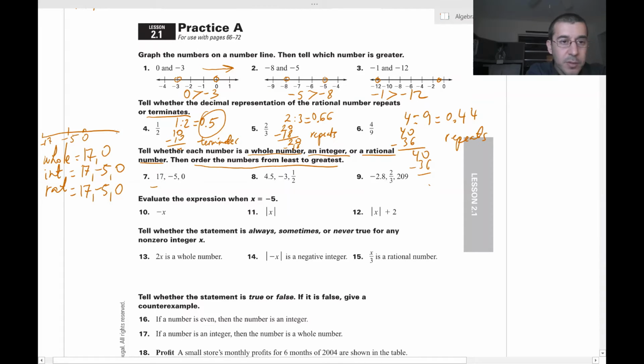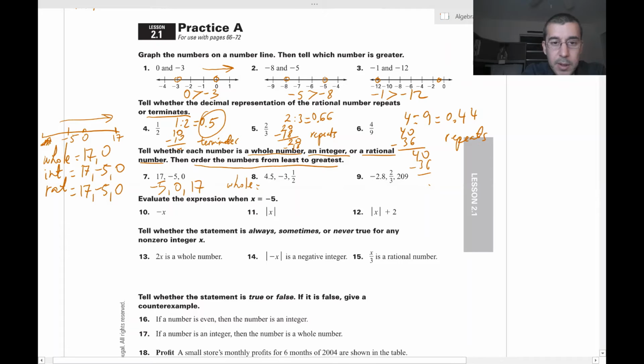Sorry, so 17 is going to be somewhere there. It's not a minus, it's a plus 17, right? So we have plus 17, we have minus 5 and 0. So if we order the numbers from least to greatest, then it's minus 5, 0, and 17.